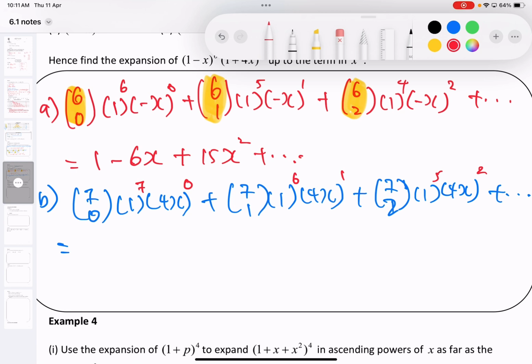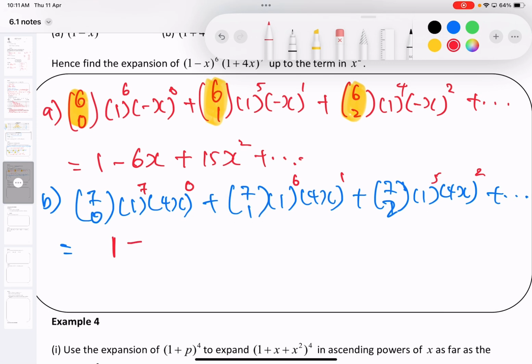Now I can simplify. 7 choose 0, anything choose 0 is just 1. So this one is just 1. 1 to the power of 7 is also 1. 4x to the power of 0 is also 1. So I can immediately write down this 1. 7 choose 1 gives me 7 times 4. 7 times 4 gives me 28x.